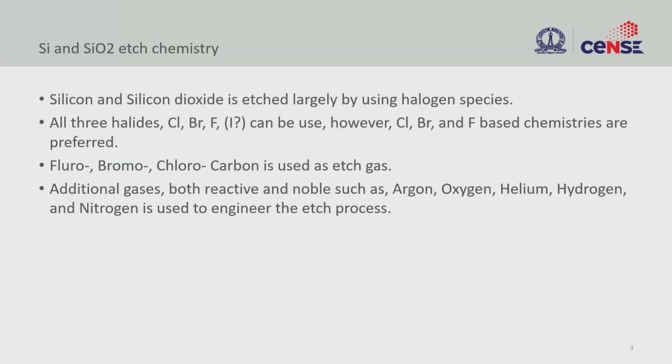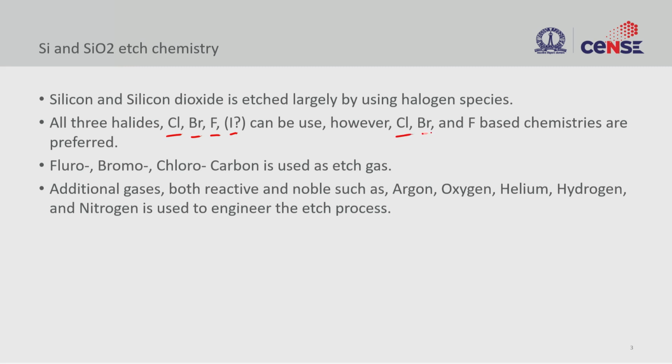Primarily, silicon and silicon dioxide etch chemistries use halides. It could be chlorine, bromine or fluorine. Iodine also comes under the category of halide, but it is very hard to control, so it is not used in etching.